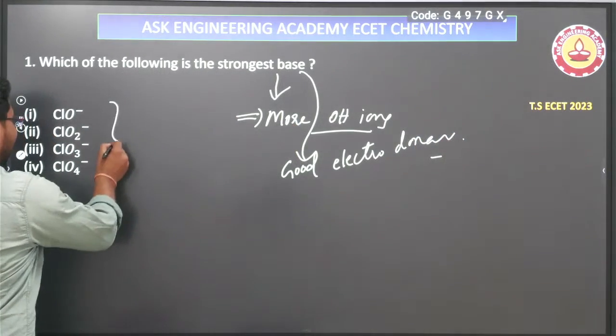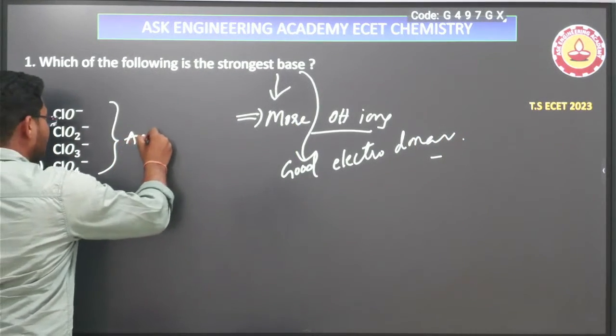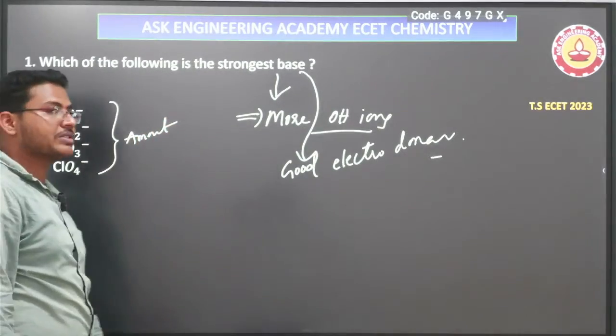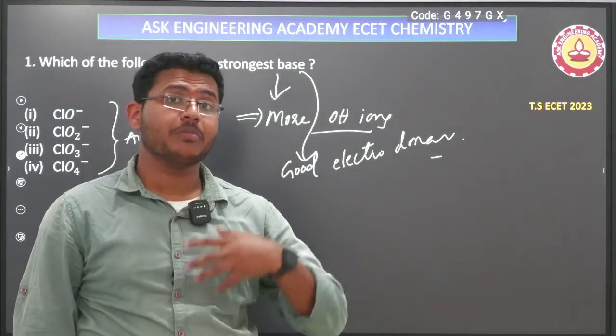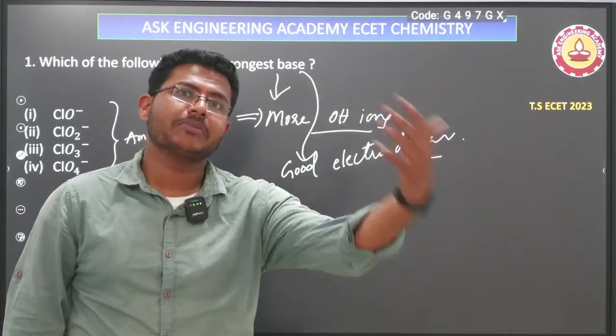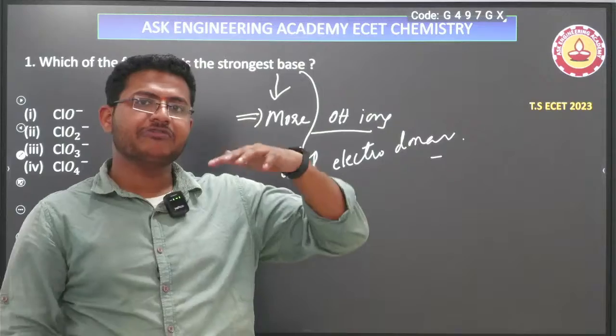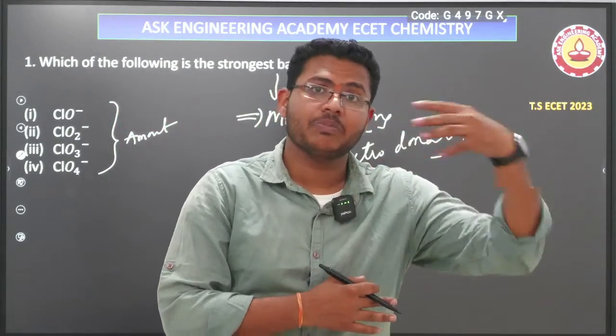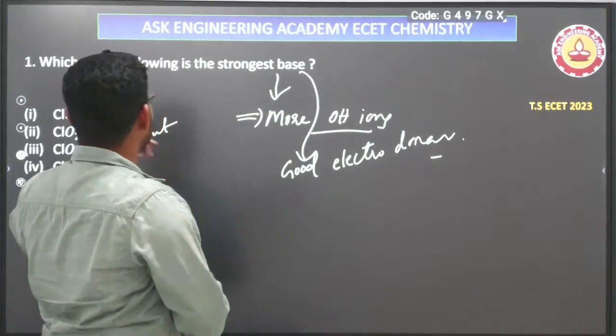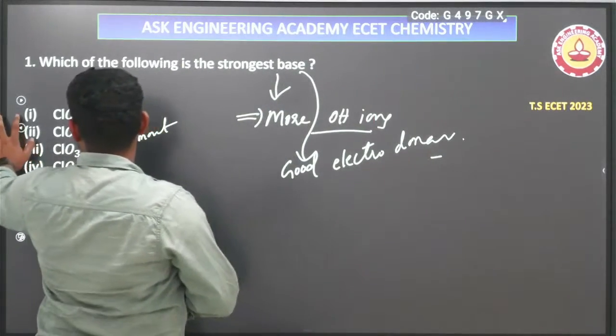Based on the amount of electrons, the option with more electrons has the probability of giving the maximum number of electrons. The one with the maximum number of electron donating is called the strongest base.